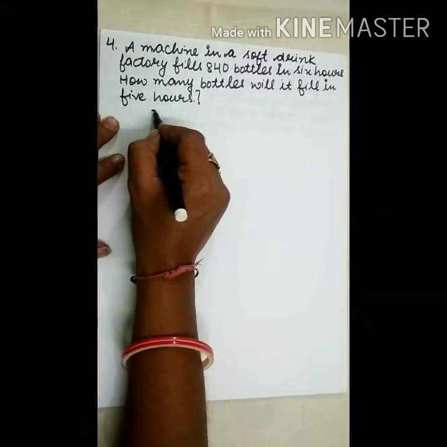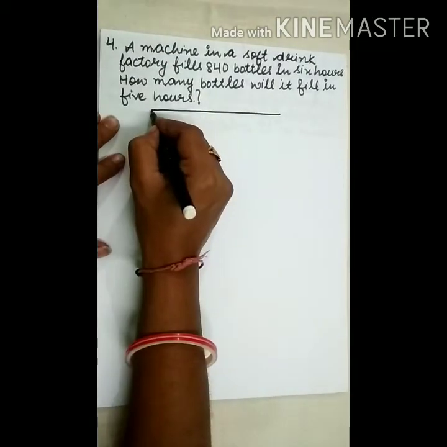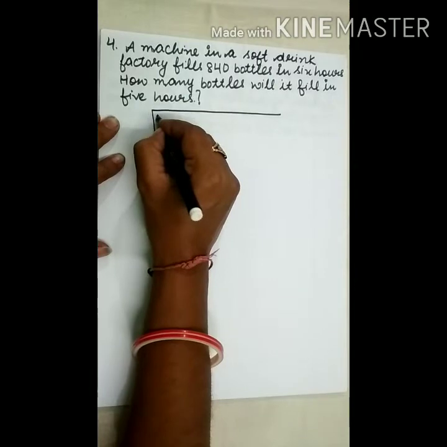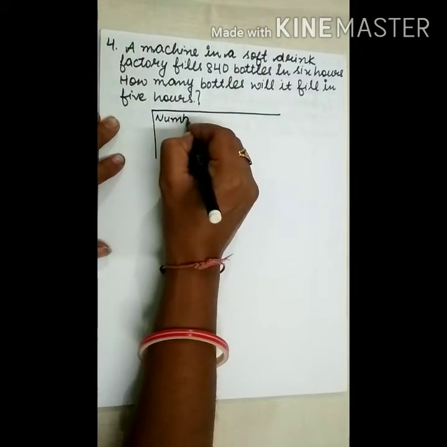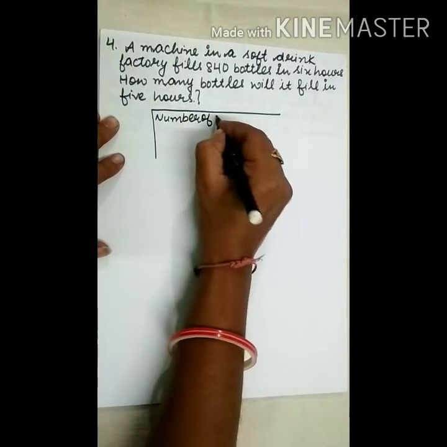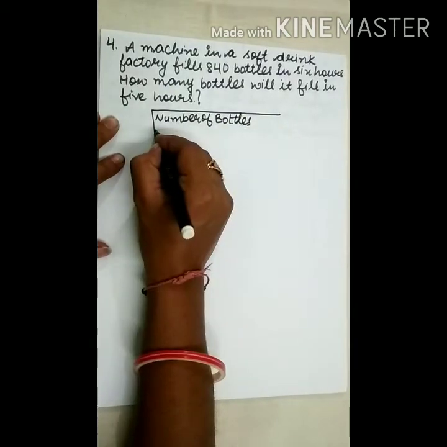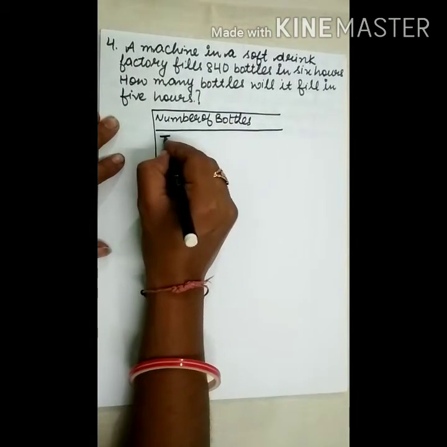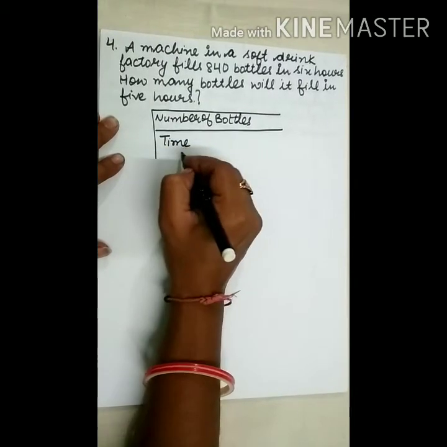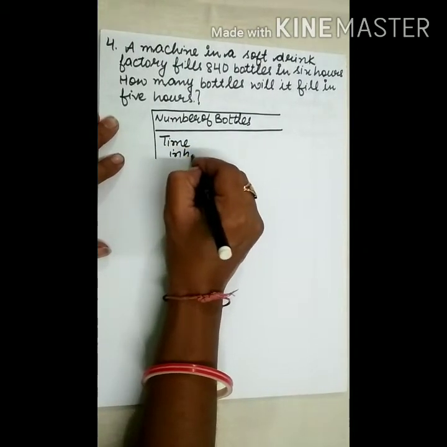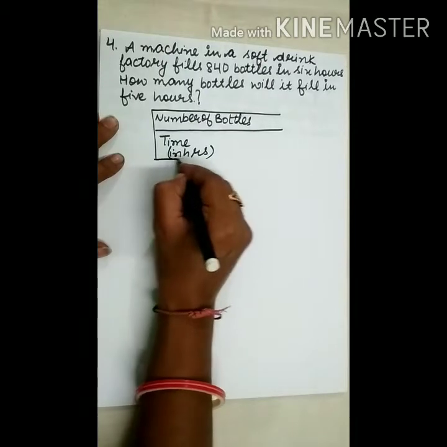Now firstly we will make the table, that is number of bottles and the second one is time. Time is in hours.